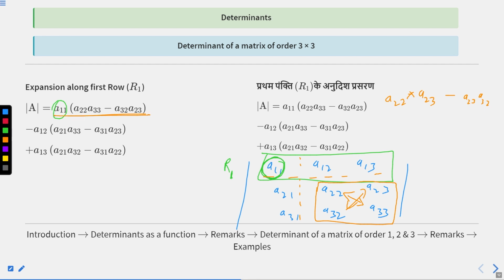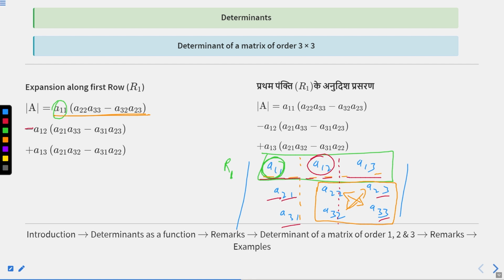Now pick this entry A12. Put minus sign always here. So minus sign with A12. Now what you will do? Remove this column and this row. You are only left with these entries. Now you will apply the same concept of finding the determinant of 2 cross 2 matrix.